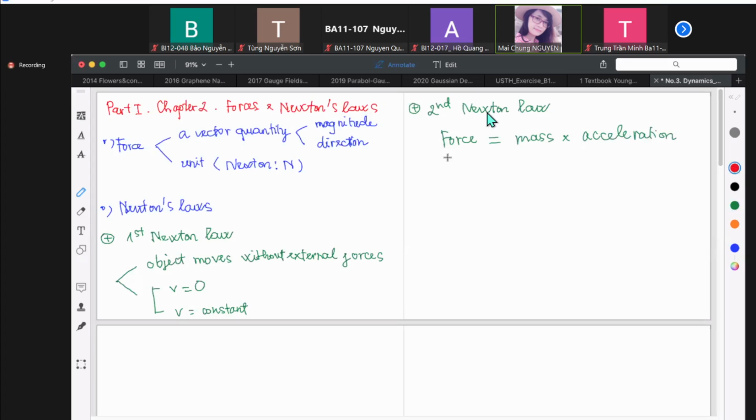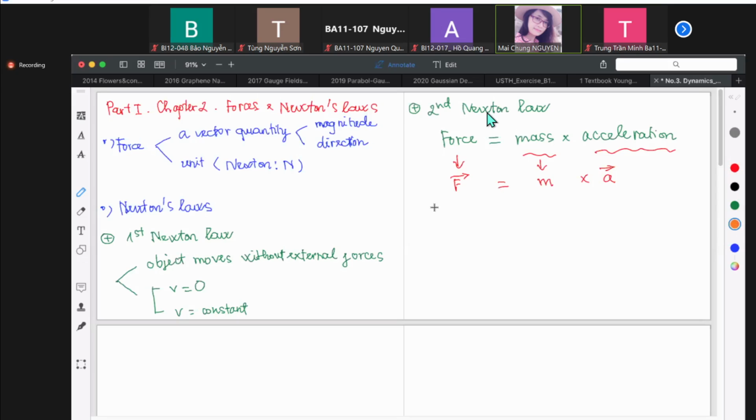If we use the notation capital F, the vector F, for the force, M for the mass, and A for the acceleration, we have the formula for the second Newton law: F equals M multiplied by A, right?